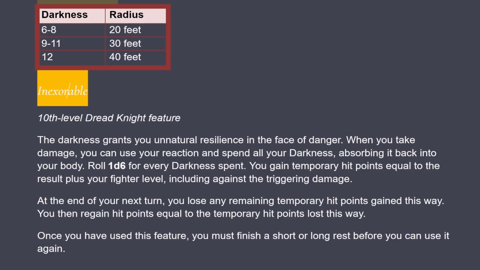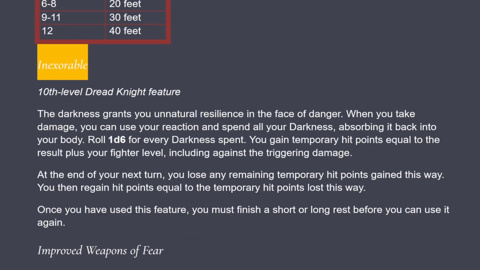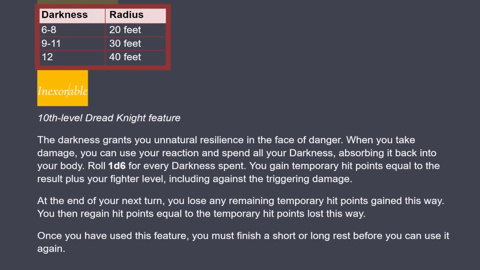Like, you need to be saving yourself from probably going down when you use this ability. And then obviously you'd have to be pretty badly hurt by then, so then the temporary points converting to real health is actually great. So while this feels really situational and not something you would ever really want to actively be doing with your darkness, you definitely want to keep it and have it up as much as possible. In a pinch, this is possibly an amazing save to keep you in the fight.